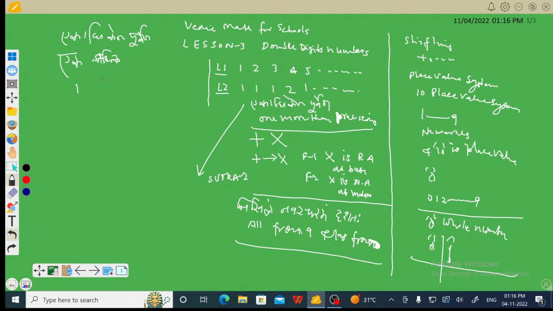But if we have a close reading of this text, it will also tell us that ek, adhi, ken, purven.